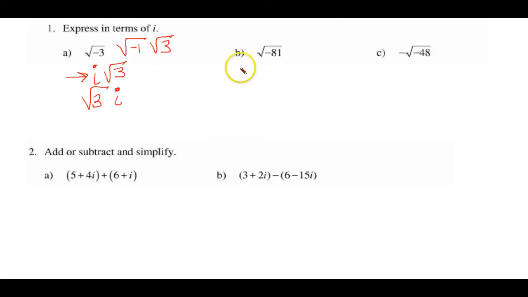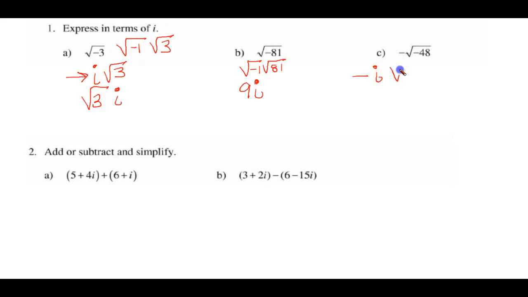So here, this will be the square root of -1 times the square root of 81. The square root of 81 is 9, so 9i. Now, much of what we already studied applies here. We're going to have this negative. We're going to take out the square root of -1 out of there. That's going to be i.